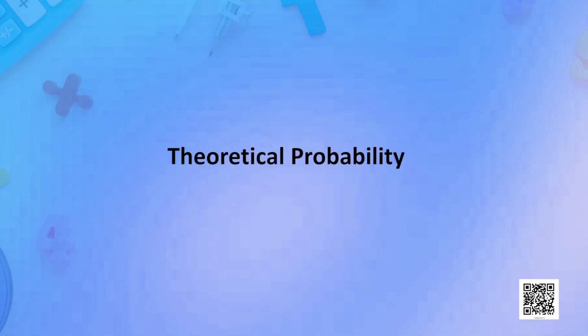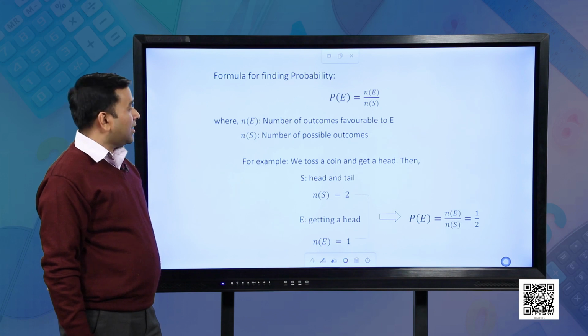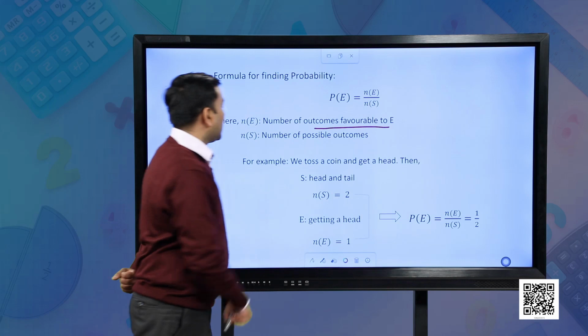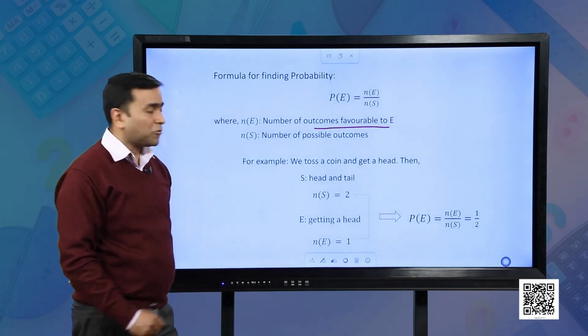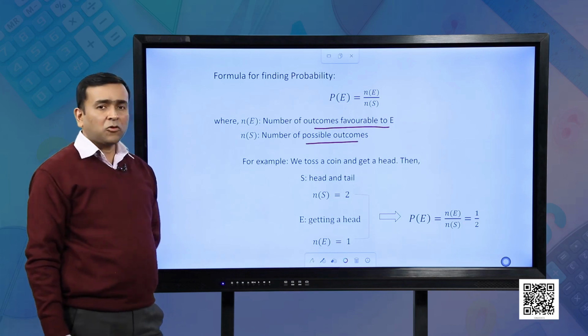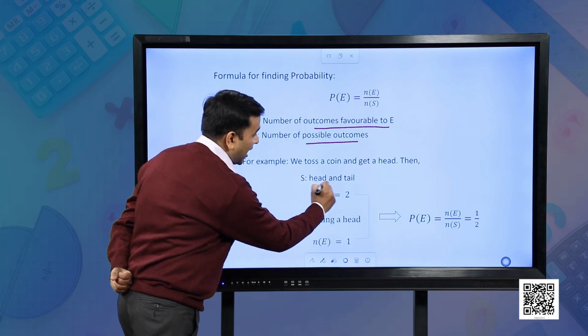Let us find the formula of theoretical probability. This is nothing but P(E) equal to n(E) upon n(S), where n(E) is the number of outcomes favorable to E and n(S) is the number of possible outcomes. Let us take an example. We toss a coin. What are the possible outcomes? Outcomes are nothing but head and tail.